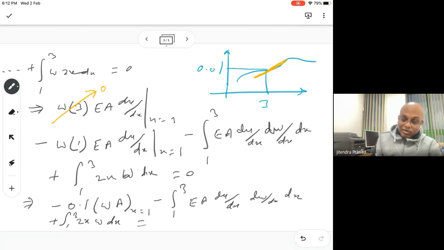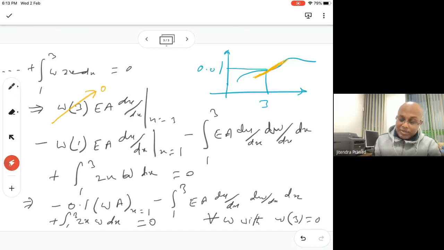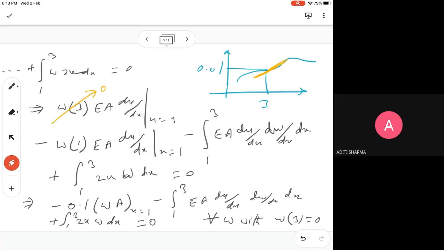So that is equal to 0, and of course this is for all w with w at 3 equal to 0, because we have put that condition anyway. So this is what the weak form is. Any question, guys, on this? No, sir. Okay.